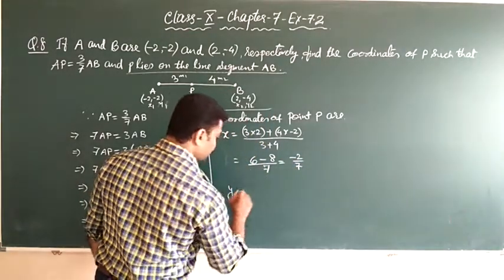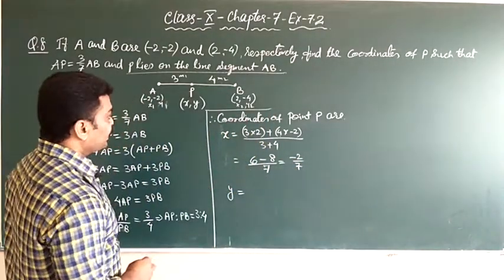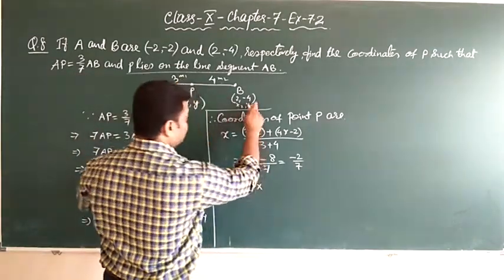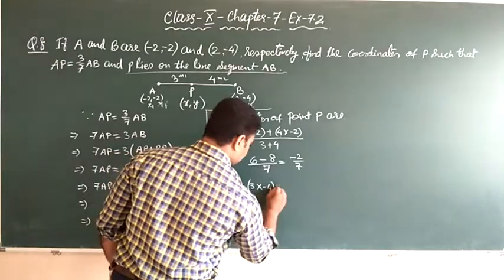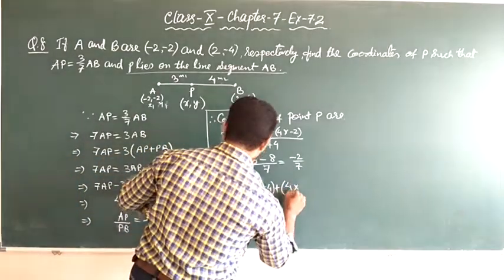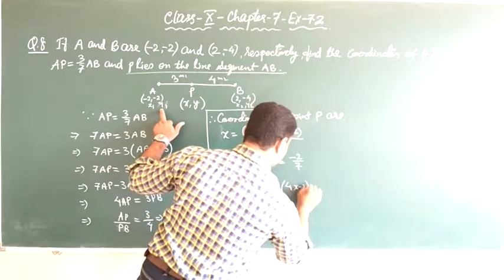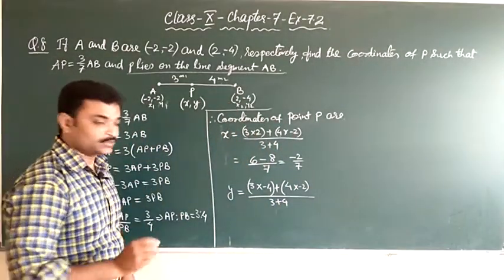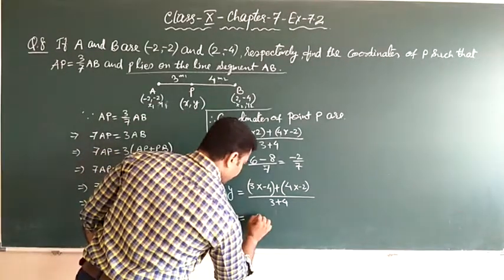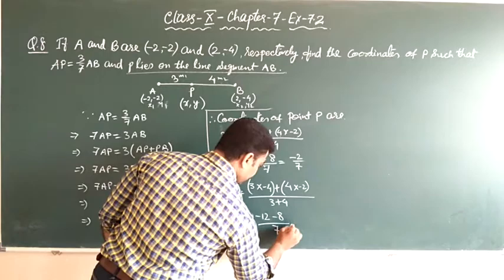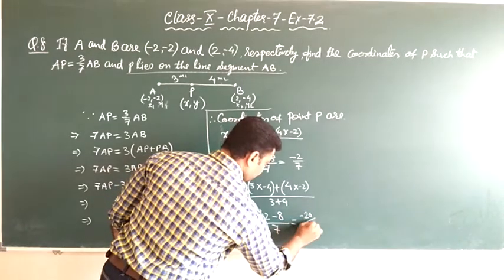Similarly y is equal to m1 y2, that is 3 into y2 that is -4, plus m2, that is 4 into y1 that is -2, whole upon 3 plus 4. Clear? Now y is equal to -12 minus 8 upon 7, that is -20 upon 7.